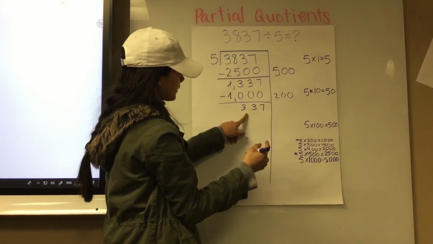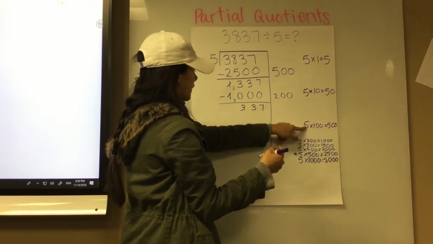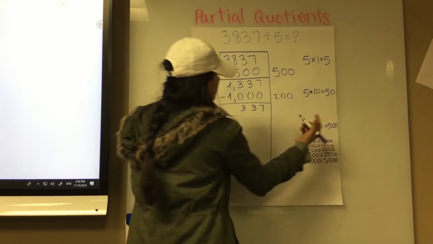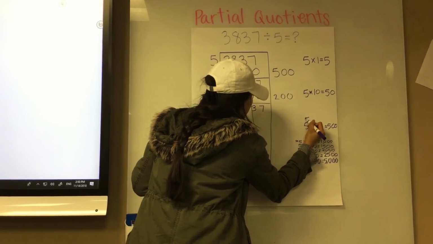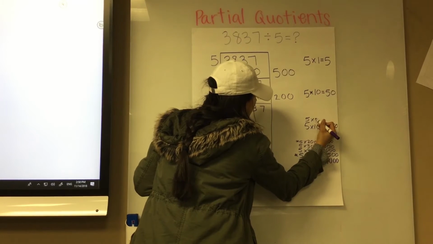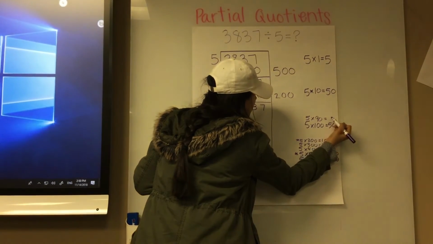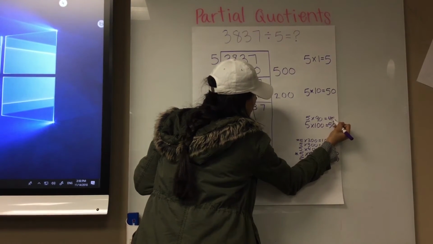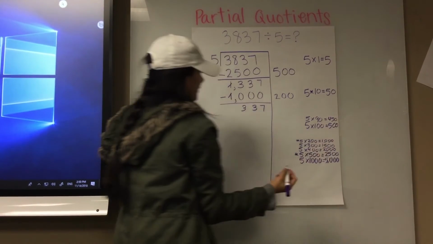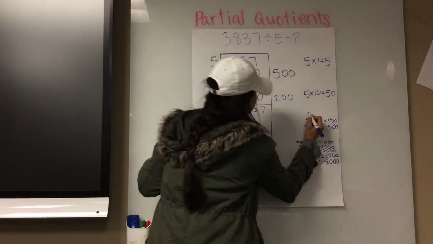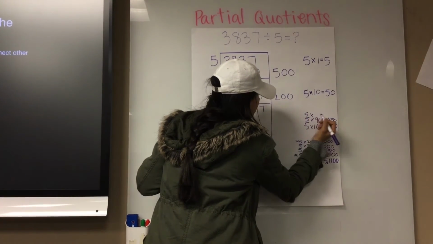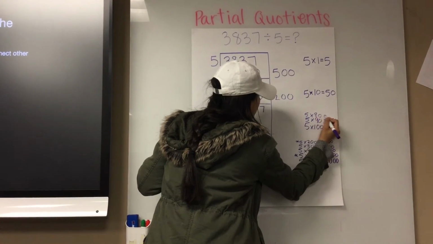So we see that 500 does not fit, so we'll have to go a little bit lower. So we'll try 5 times 90 equals 450. That still won't fit, so we'll go a little bit lower. 5 times 80 equals 400.